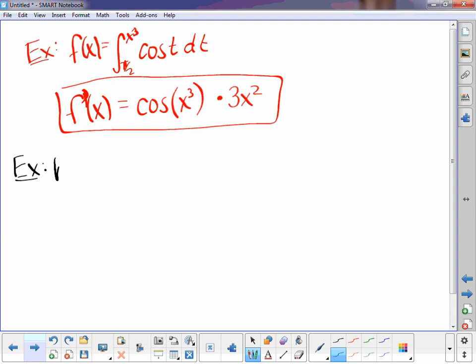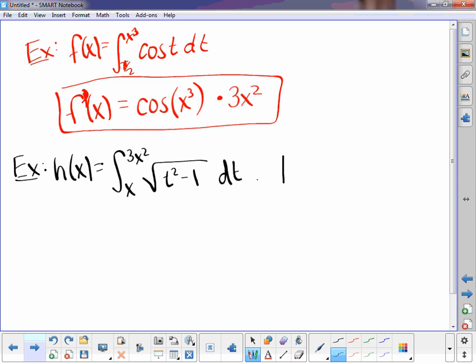H of x? Sure. H of x equals the integral from x to 3x squared of the square root of t squared minus 1 dt. Find h prime of x.